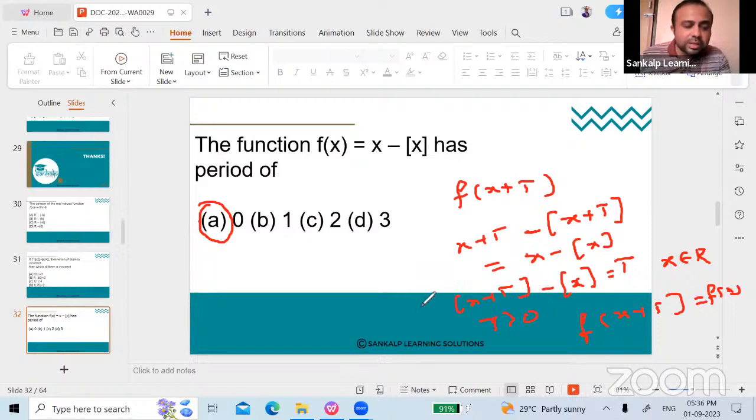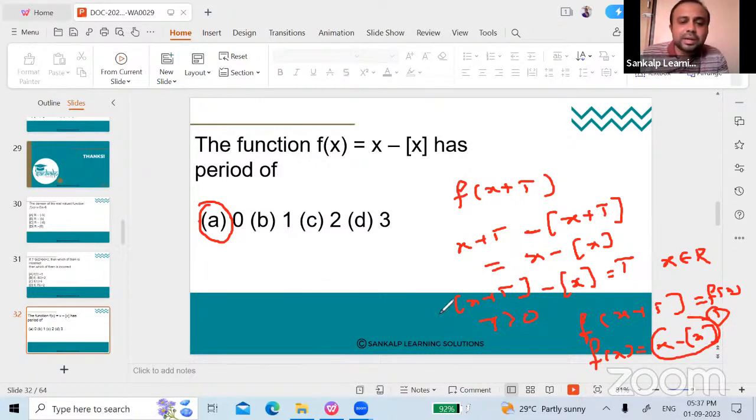So f of x is equal to f of x, and you can treat it as x minus the closure of x, which has only one period, because T is at least greater than 0.